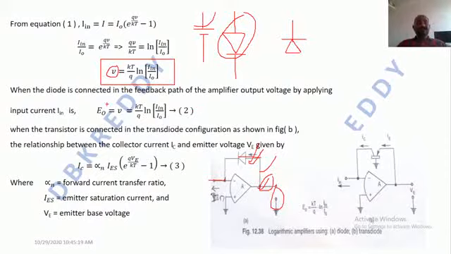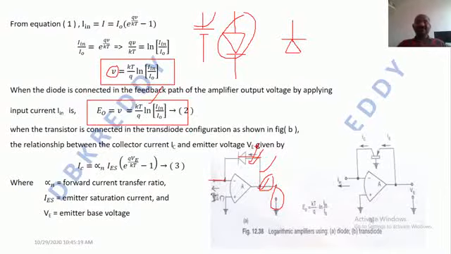If you see this, you are able to get the output voltage in terms of the log. But the drawback of this particular equation is because of the diode which is used in the feedback path.